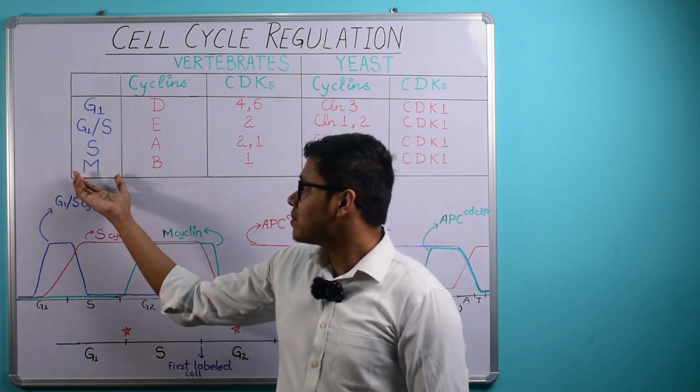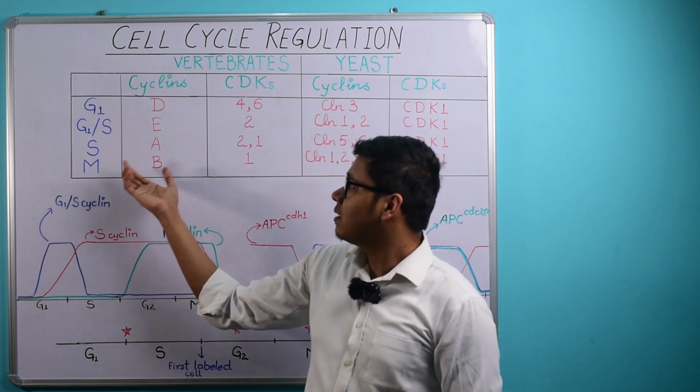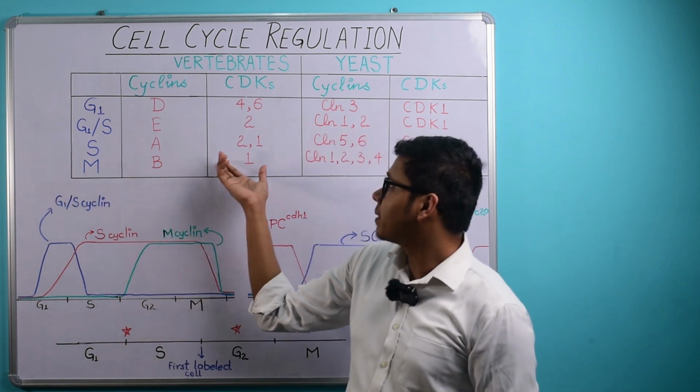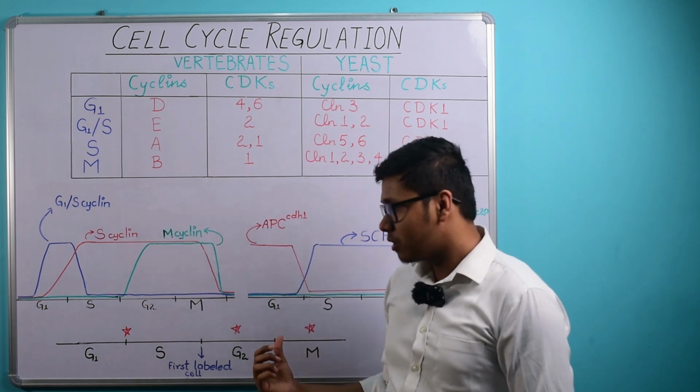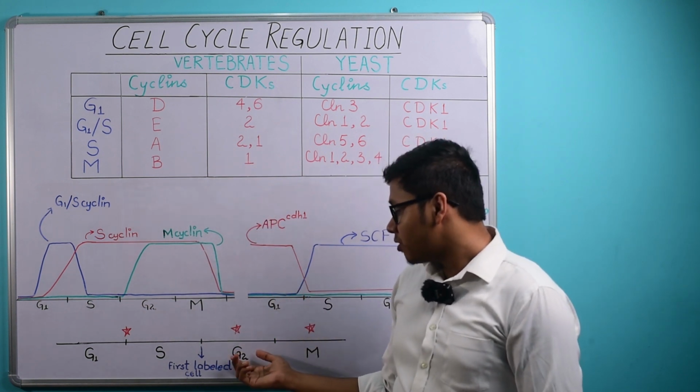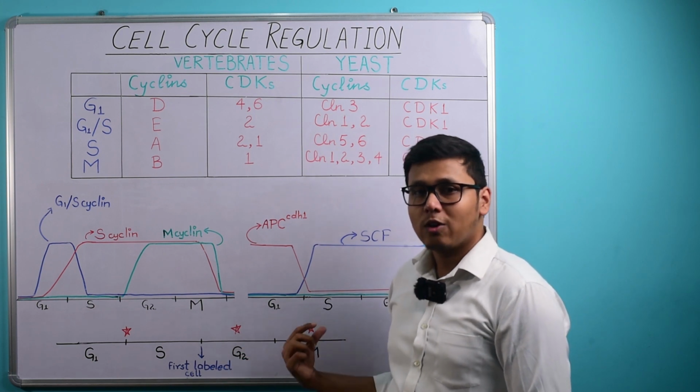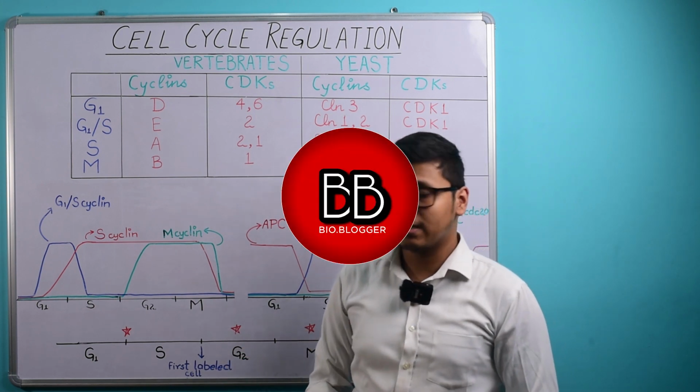Finally the M cyclin, which is cyclin B in vertebrates, binds to CDK1, and helps in transition from G2 to M phase and also the progression of the mitotic phase.